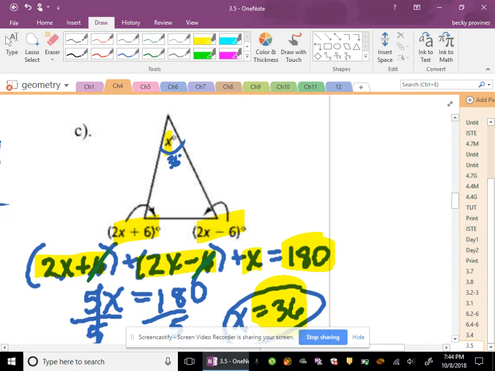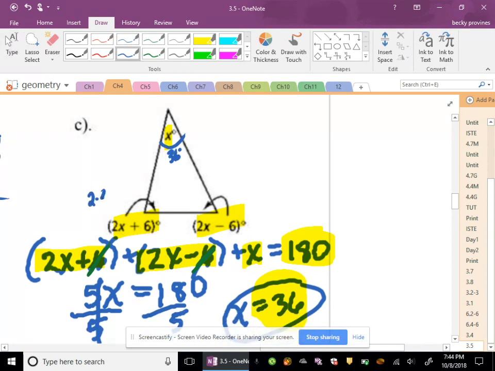So I'm just going to plug it in. So I'm going to go 2 times 36, which is 72, plus 6, and so that is 78. All right, on the next one, 2 times 36, which is 72, minus 6.